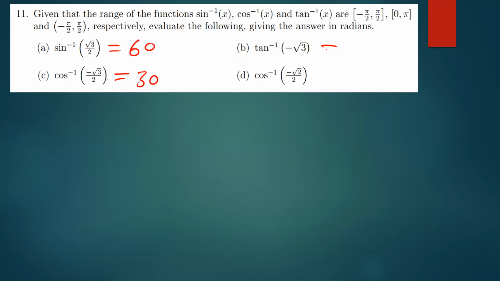Then this one is also 60. And then this one is 45. So there was a mistake the time I was writing out the answers here. This was supposed to be 30. Actually, negative 30. No, just positive. Because for cos, whether there's a negative in front or a positive, the answer will still be positive.